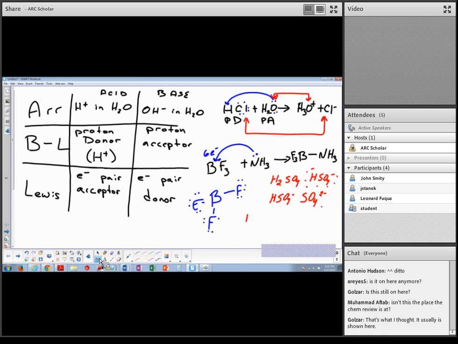Amphoteric. So amphoteric can be an acid or base, depending on what you're reacting it with. Okay? How are we doing so far? Questions?